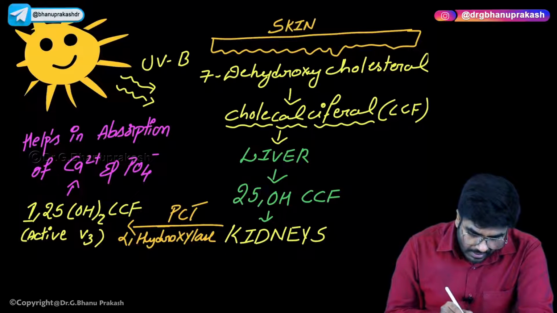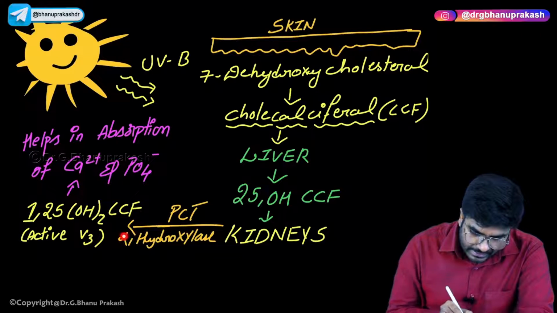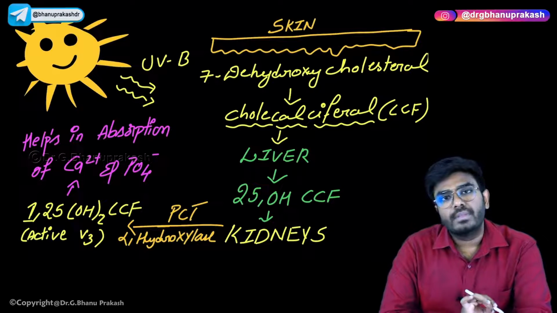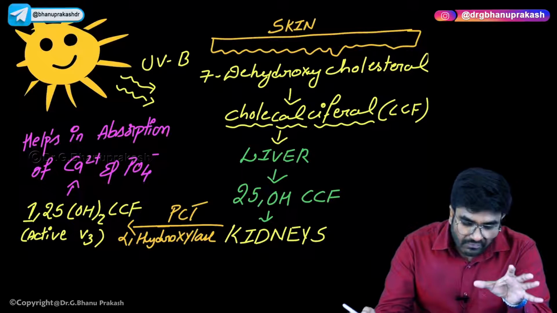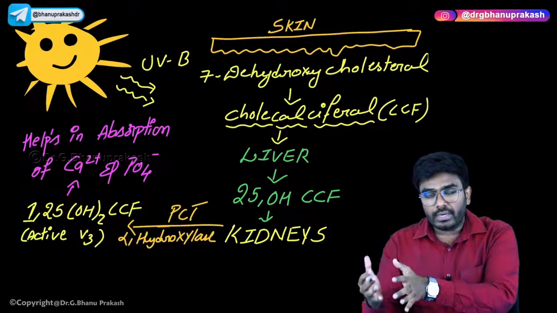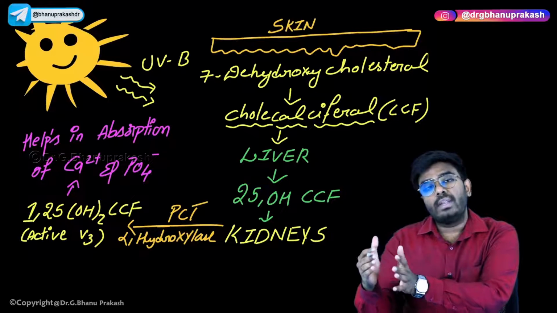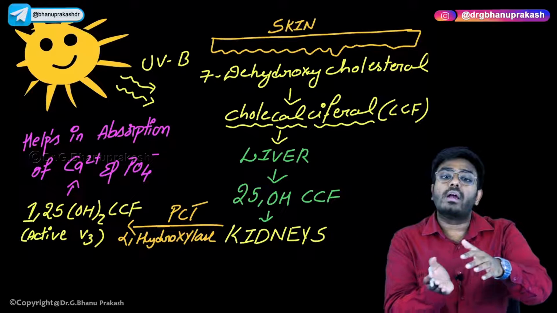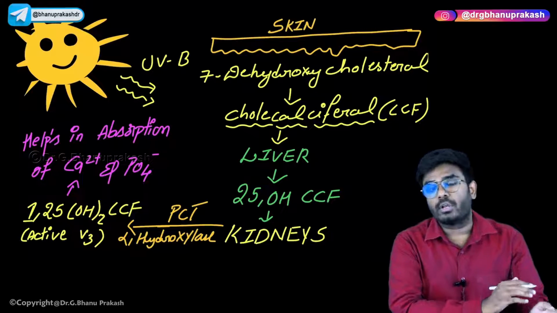This alpha-1 hydroxylase is present in the PCT of the nephrons. It is the real one that converts 25 hydroxy cholecalciferol into 1,25 dihydroxy cholecalciferol.